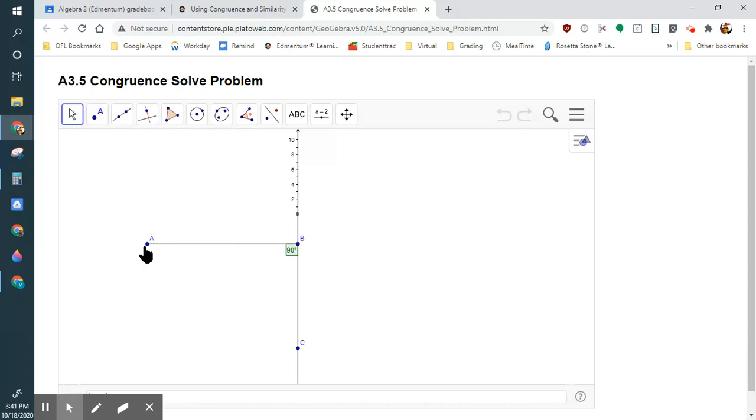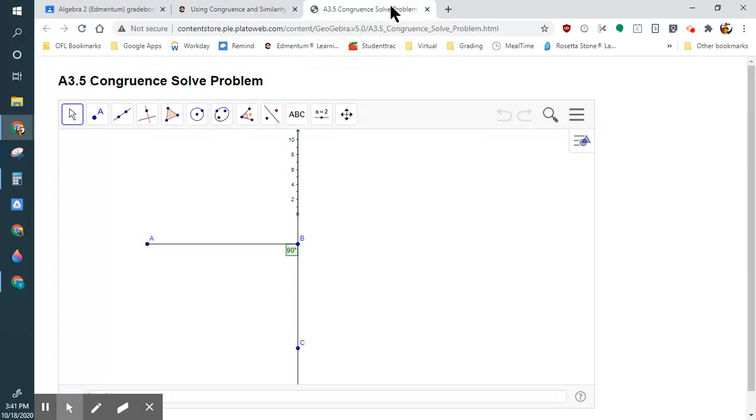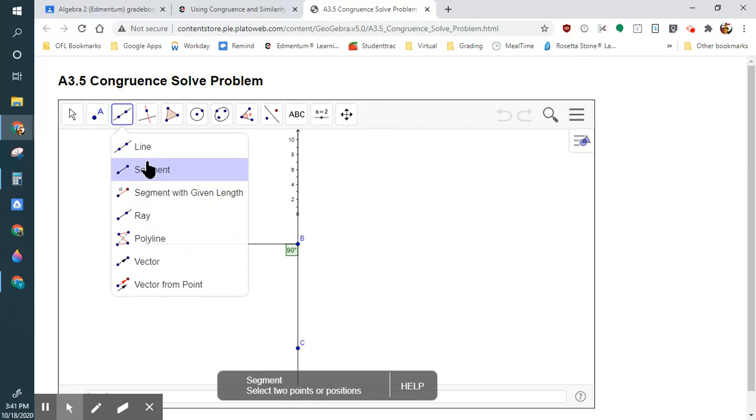So this is where we're looking. We're looking straight ahead, so that's why this is a 90-degree angle. It's telling us to create a point C and then measure angle BAC. So we create a point from A to C. C is there, so let's create that line segment.